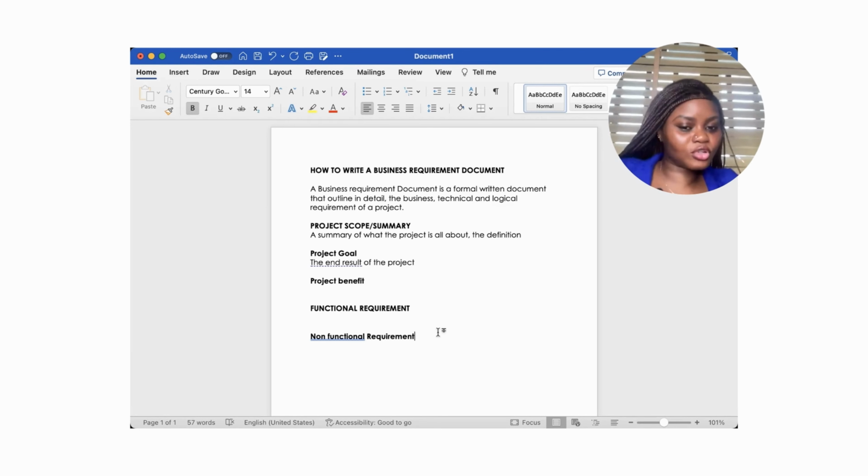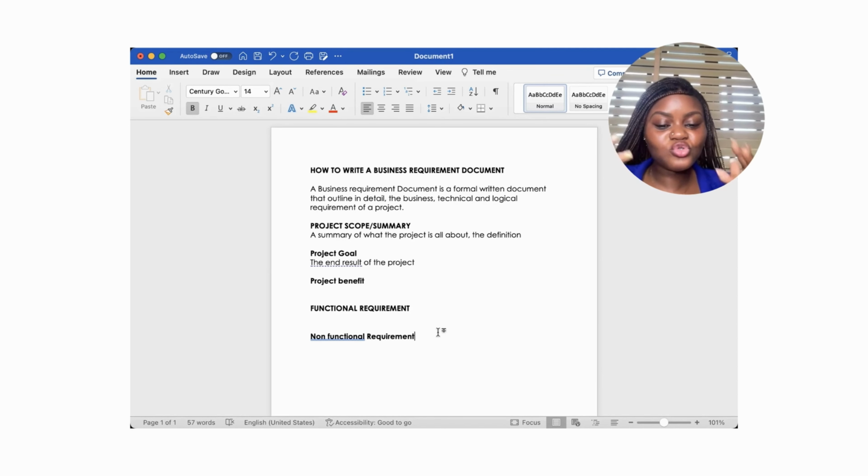But non-functionally, on a peak day, can 5,000 people use the application at the same time? Do you understand? Can 50,000 people access the application at the same time? There are many things that determine non-functional requirements. You're talking about scalability.